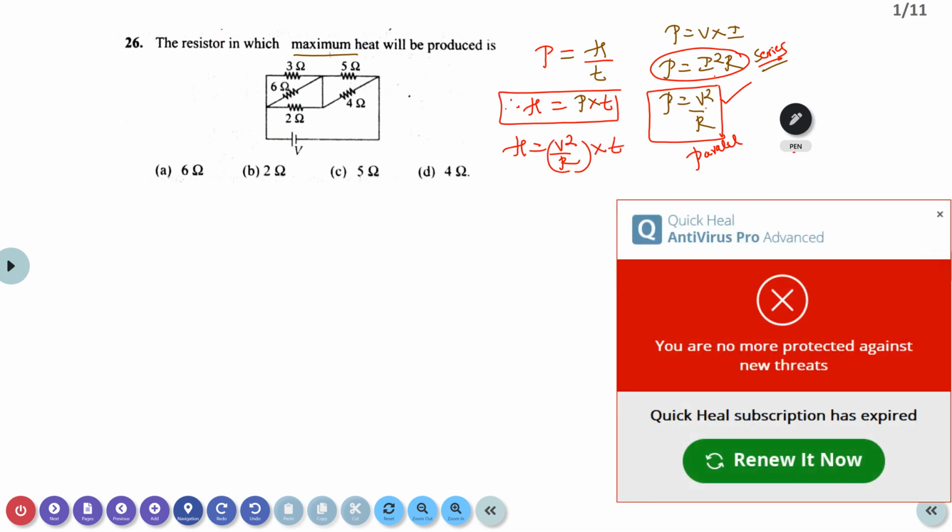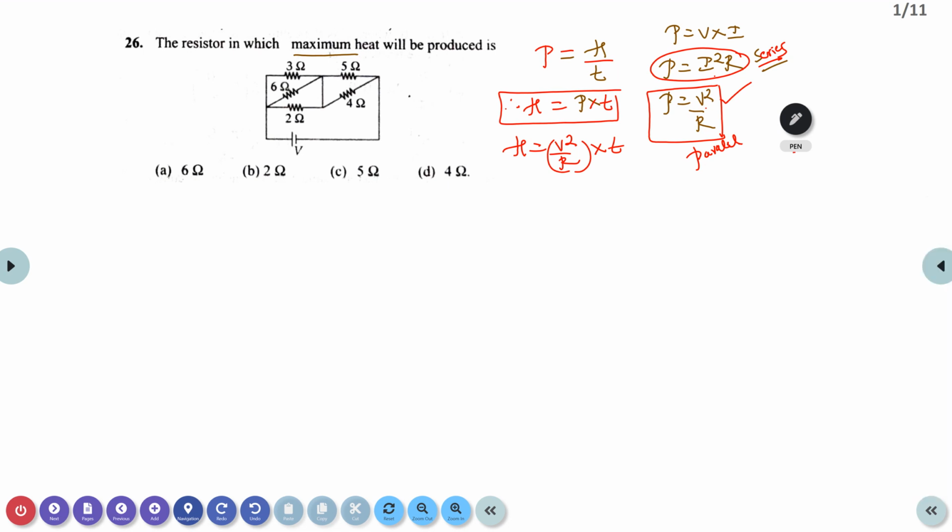Okay, fine. Now, in this diagram, I will simplify it. These three resistors are connected in parallel. Again, these two are also connected in parallel.